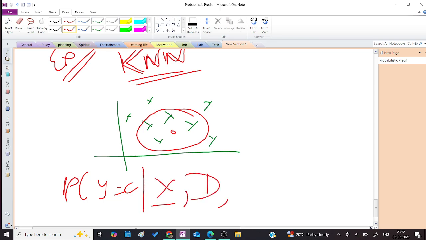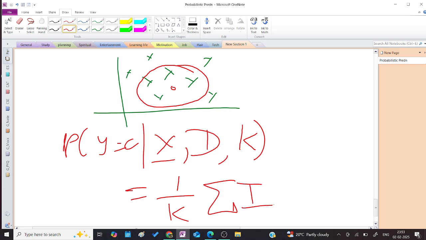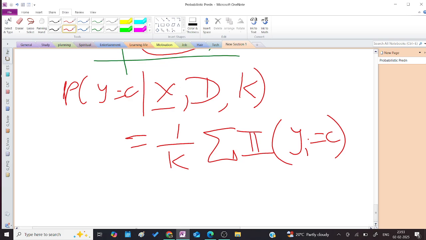p(y = c | x, D, k) equals 1 by k, summation of I(yi = c). Okay, where this is not pi, this is I. So this is also known as the indicator function.